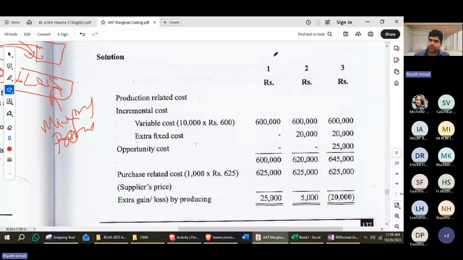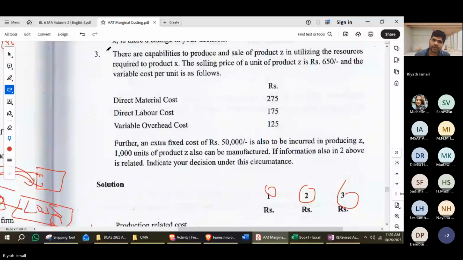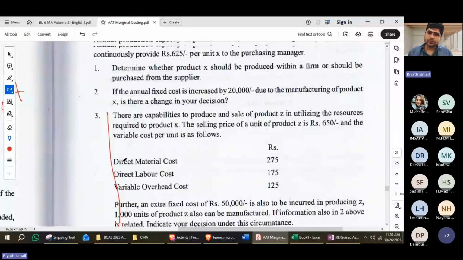Question number one is okay. Then question number three, there are a lot of things, so there is information relevant to question number three in addition to this information. Right. So now we stop here.